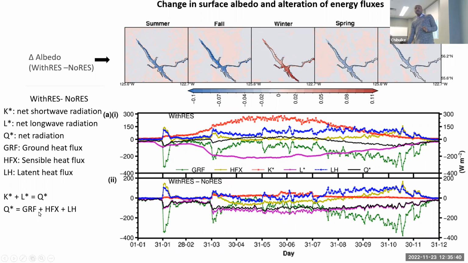I've just listed them here, but the more important is that if you look here, we are looking at this line here, the ground heat flux, because the ground heat flux with the reservoir has a high heat capacity, making it absorb more of the incoming radiation.